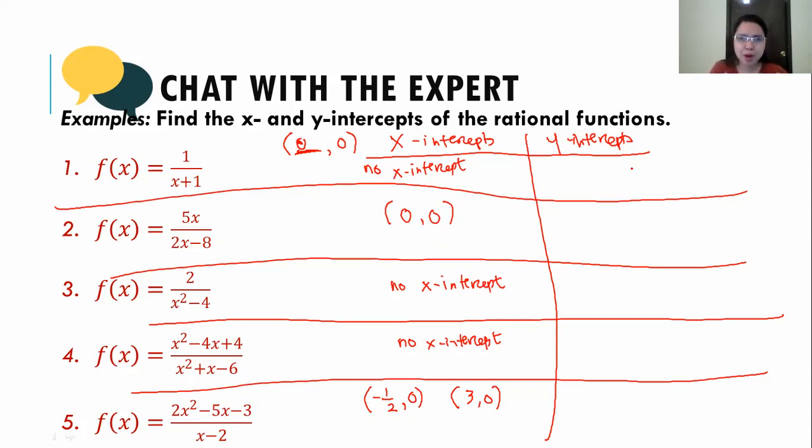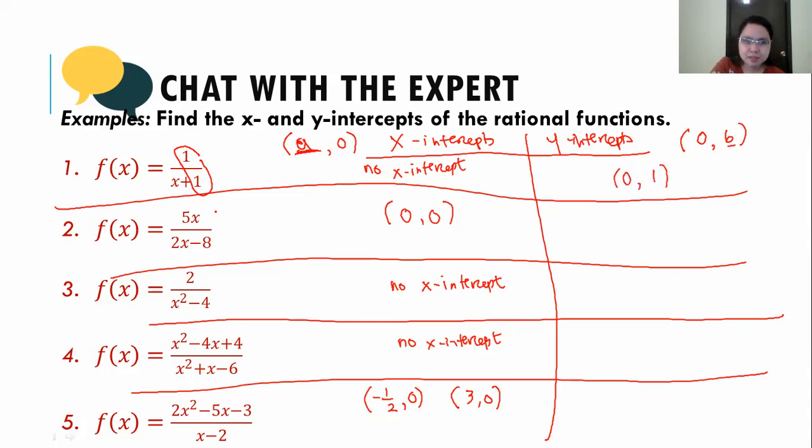Now, how about your y-intercept? In the y-intercept, the x is 0, and there's a value for y. Now, how do we solve for the y-intercept? Just take the constant terms. It means the terms without a variable. So the first one, 1 divided by 1, that's 1, right? So 0, 1.